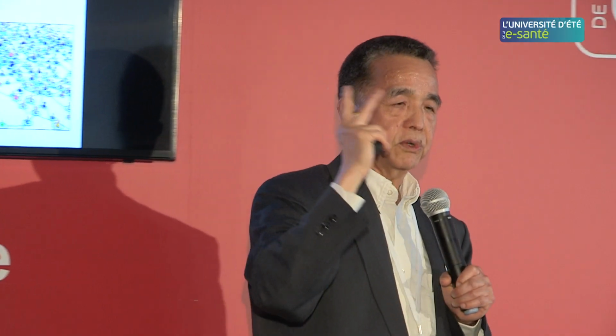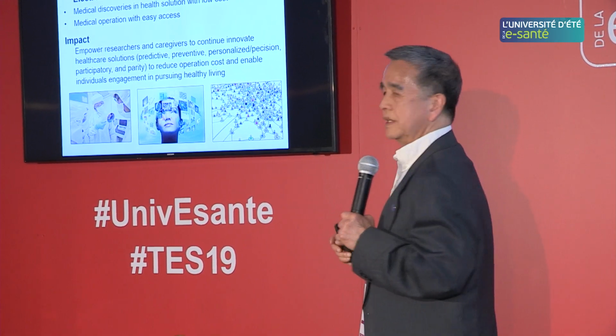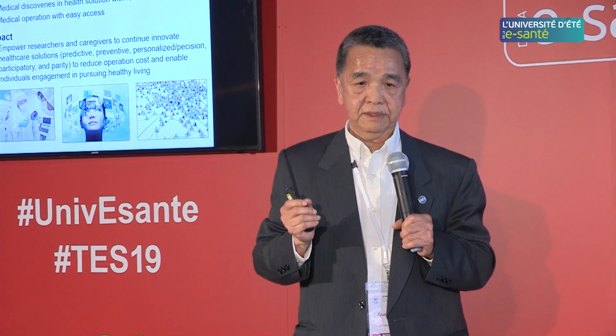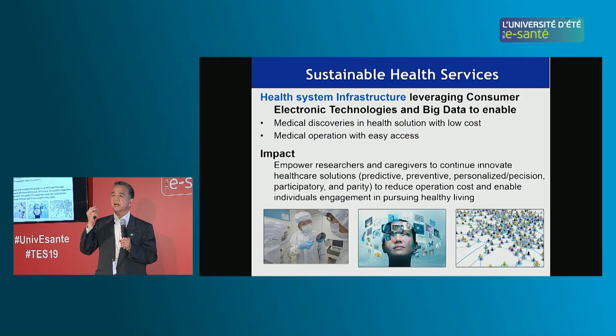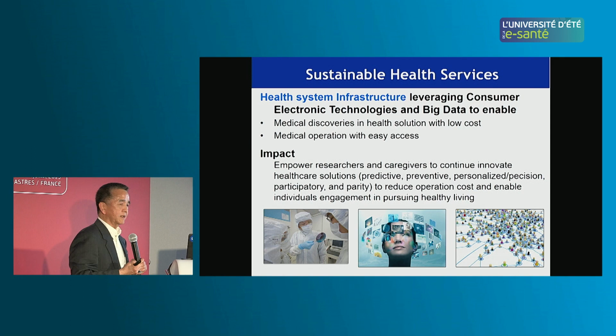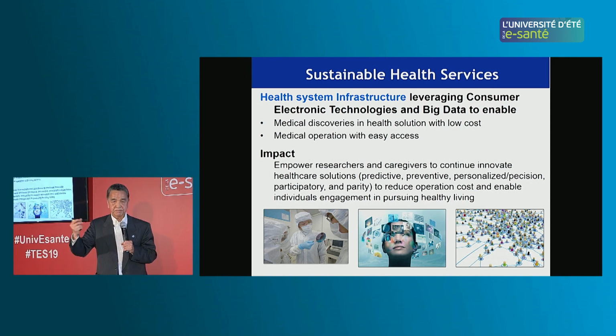It has to enable two things in order to lower the cost and improve the quality. The first one is that the infrastructure needs to be able to enable new discovery. Without discovery, the cost will not come down. Right? If there's a way to find the possible disease and do preventive treatments, it will be lower cost than reactive medicine.